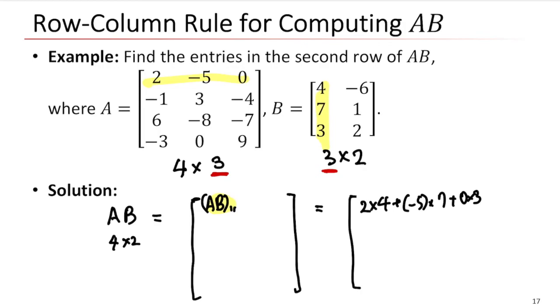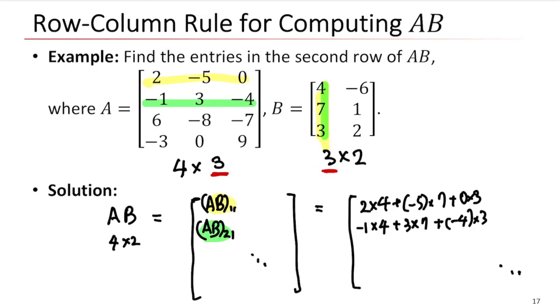What about this one? It will be the second row times the first column here, right? So in this case, negative 1 times 4 plus 3 times 7 plus negative 4 times 3, something like this.